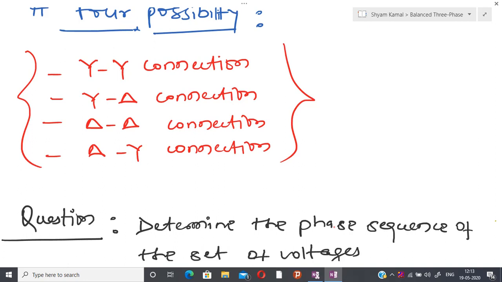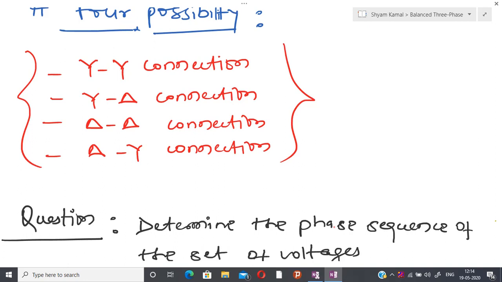On the other hand, delta connected sources are not common in practice because of the circulating current that will result in the delta mesh if the three phase voltages are slightly unbalanced, because I cannot guarantee that all voltages are exactly the same.